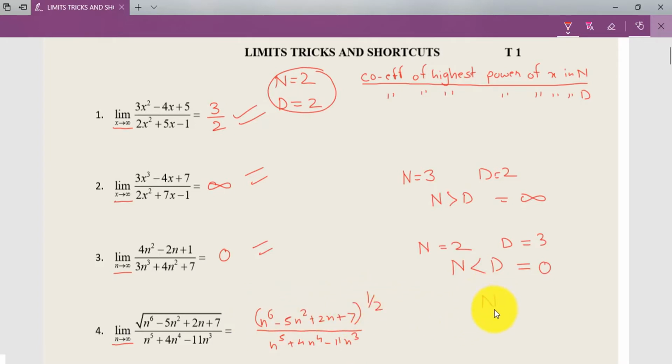Here in the numerator, if I take this 2, it becomes 3. So the power in the numerator is 3, and in the denominator it is 5. So the numerator is less than the denominator, and your answer turns out to be 0. And that's the simple trick.